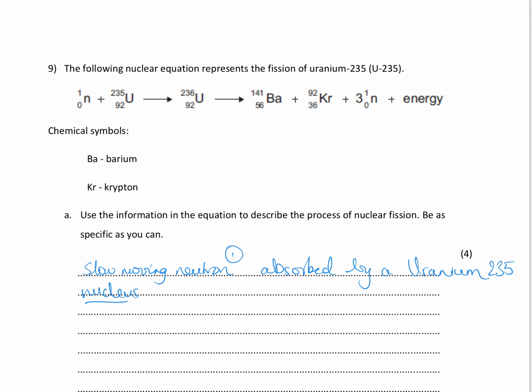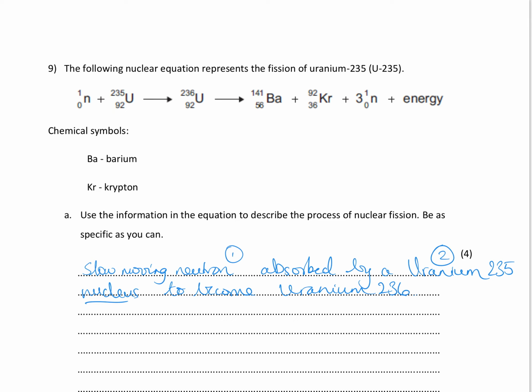So if you mentioned atom, it would have been ignored. Okay? A slow-moving neutron is absorbed by a uranium-235 nucleus to become uranium-236. So if you mentioned the uranium absorbing the neutron, you get the second mark. Note that you should not say it reacts with, nor that it is added to. You're interested in the fact that the neutron is absorbed by a uranium-235 nucleus.